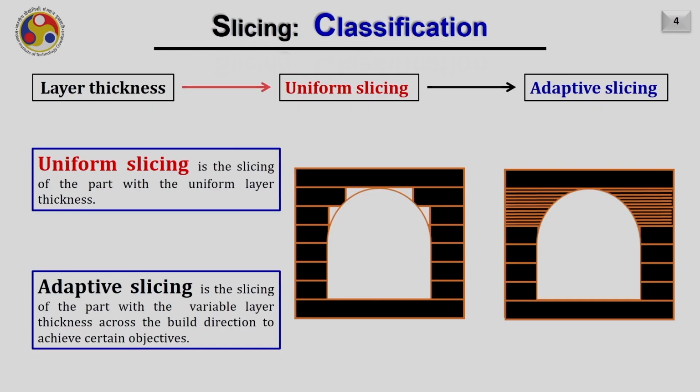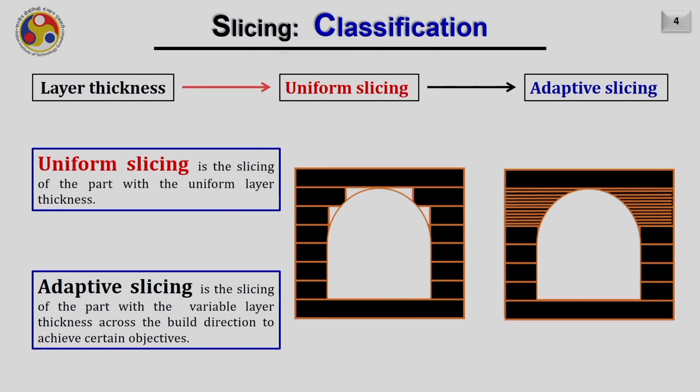The other classification for slicing is based on the layer thickness. Either we are using a uniform layer or we are using an adaptive layer thickness. The uniform slicing is the slicing of the part with the uniform layer thickness, while the adaptive slicing is the slicing of the part with variable layer thickness across the build direction to achieve certain objectives.